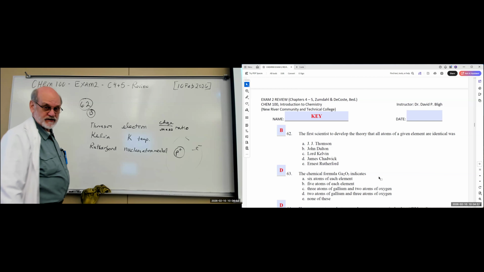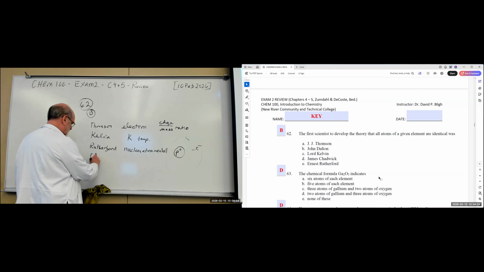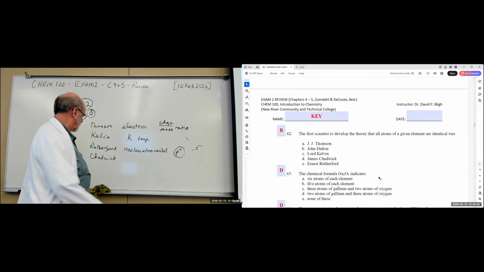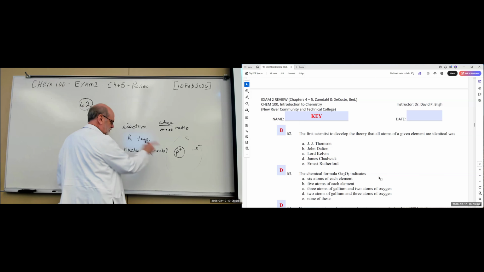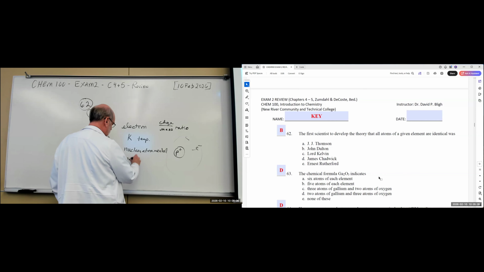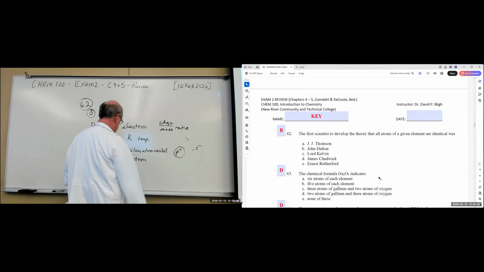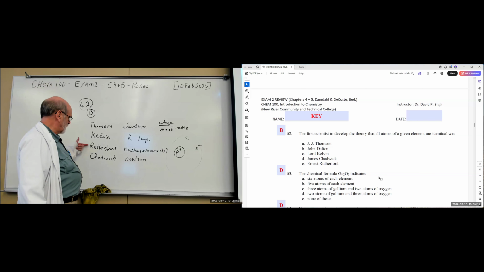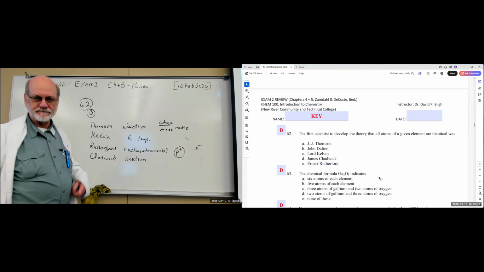So he gave the task to his graduate student research assistant. And Chadwick filled in the mass gap here with neutrons. Chadwick discovered the neutrons. Nobel Prize, Nobel Prize.